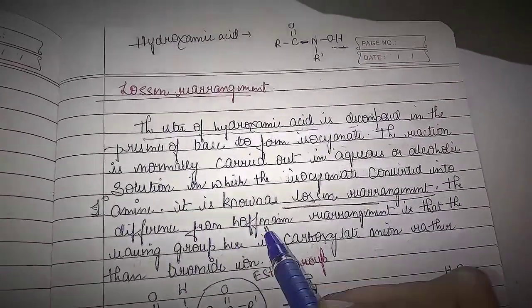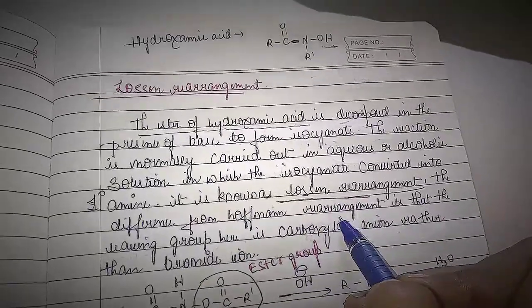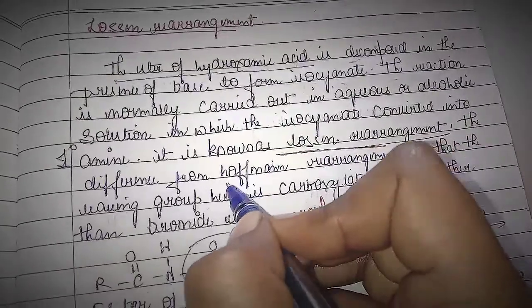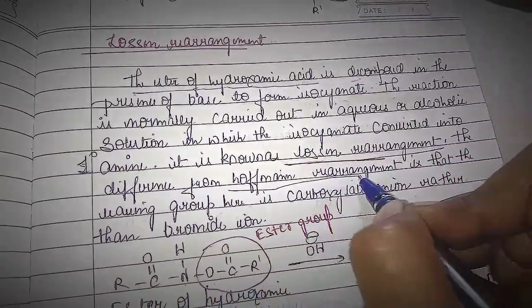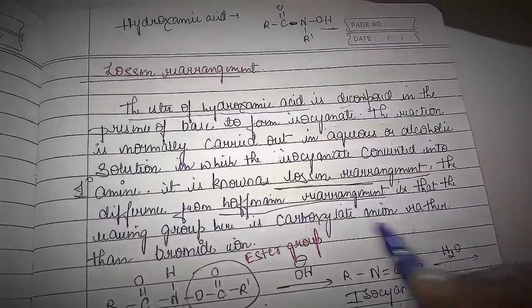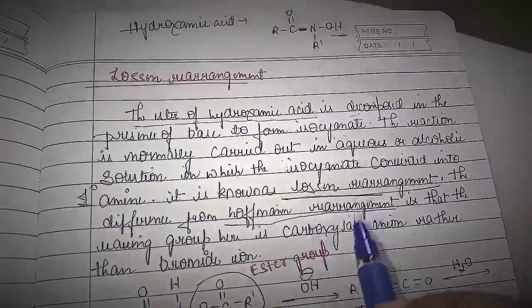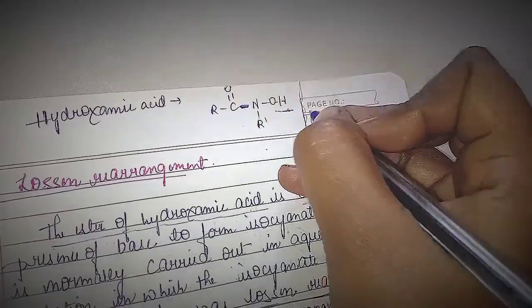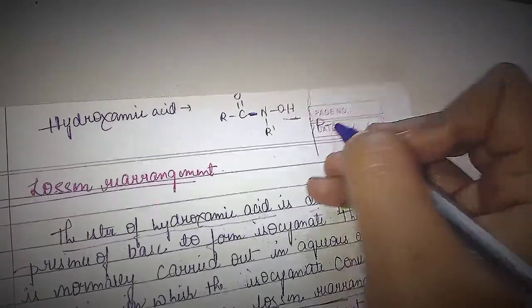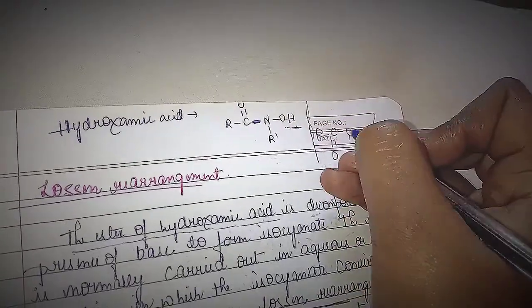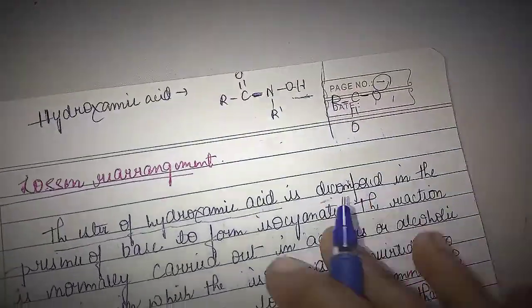The difference from Hofmann rearrangement, which I will deal with in the next class, is that the leaving group here is the carboxylate anion. Carboxylate anion is RC double bond O minus.